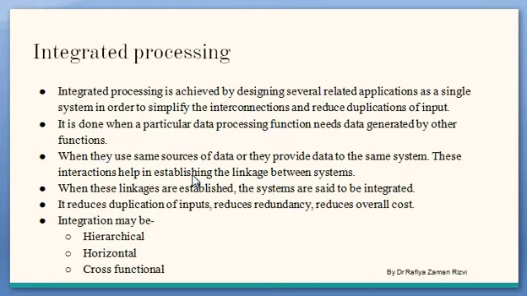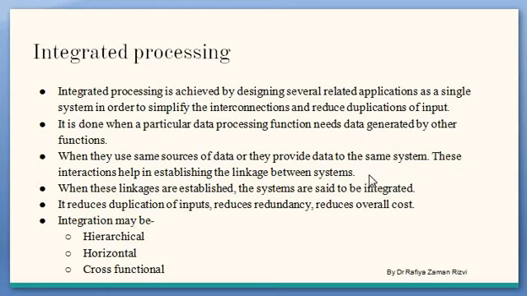The various departments need to interact with each other in order to maintain the right level of updated information throughout the organization. When these linkages are established, the systems are said to be integrated.